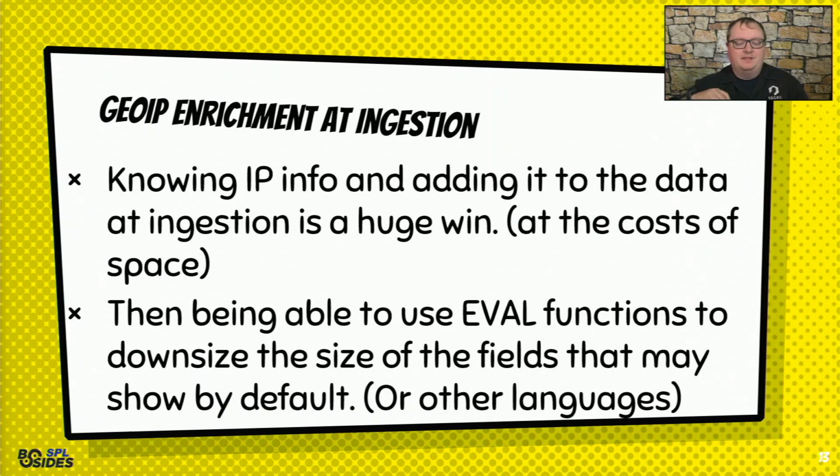Knowing the IP, adding it, and then using the eval function, you can downsize some of the field names, because the last time I looked, the MaxMind data, when I added it, was like 5 to 6 words, and there was English, German, Russian, something else. There were a lot of languages because that's what MaxMind does.